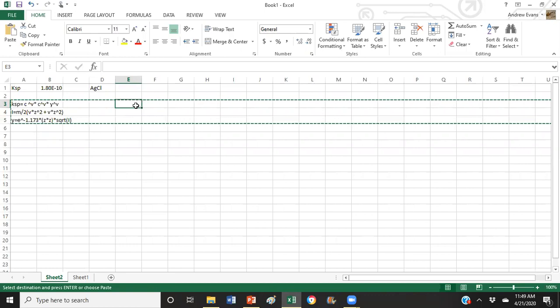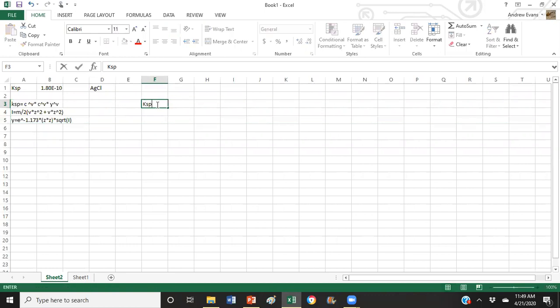KSP, we have a constant there, so I'm going to write the KSP. This is equal to, first, the v plus is always going to be 1. v minus, always going to be 1.